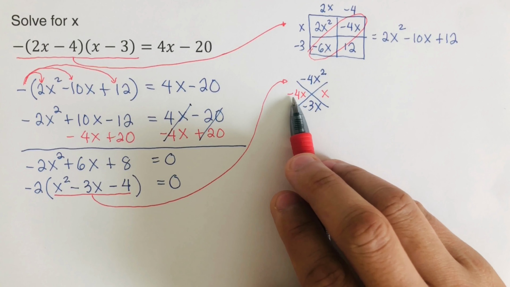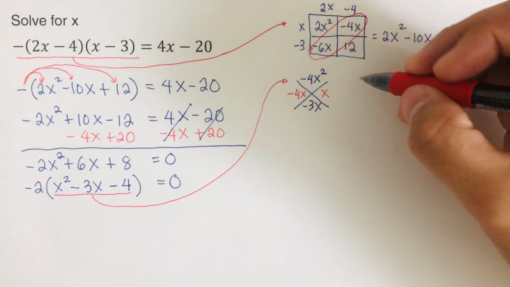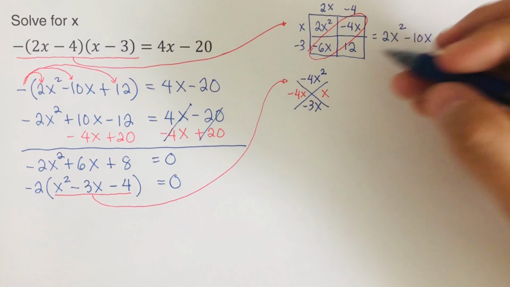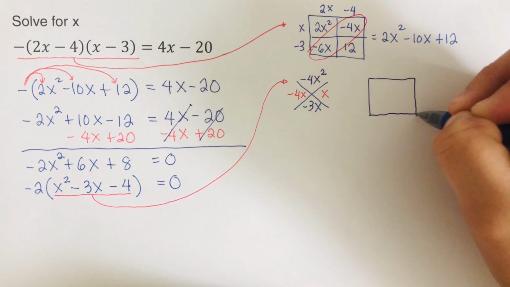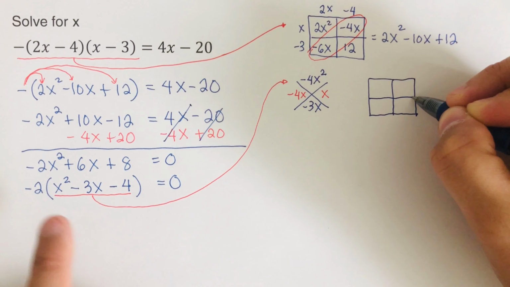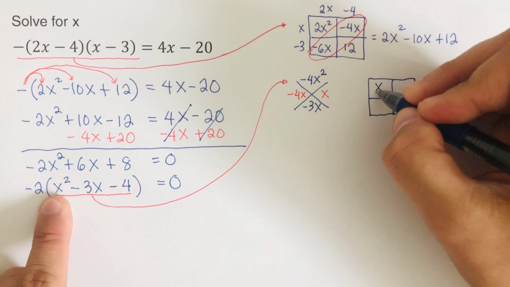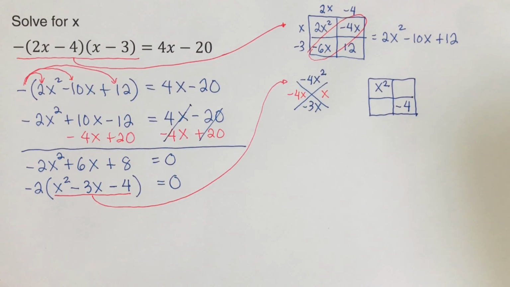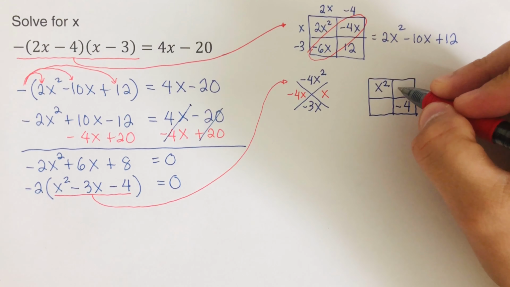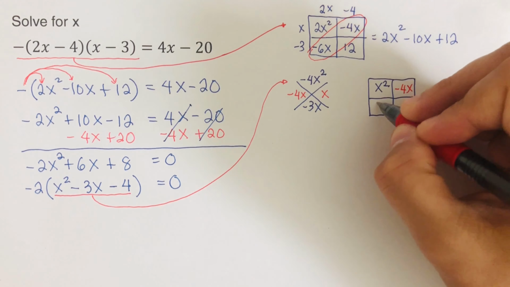Negative 4x plus x is negative 3x. So then I'm now ready to draw the box here. The ones that we put into the box are x squared and then the last term, negative 4. In the diagonal, we're going to write these red factors that we got, negative 4x and x.